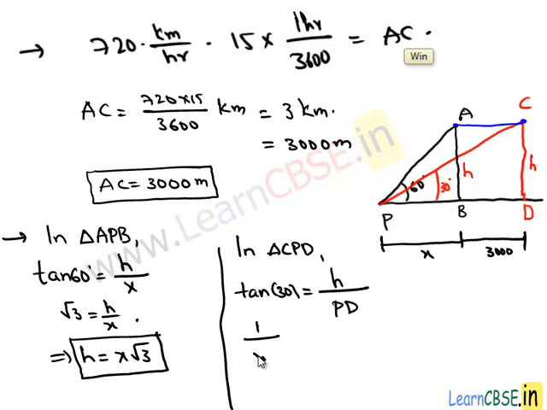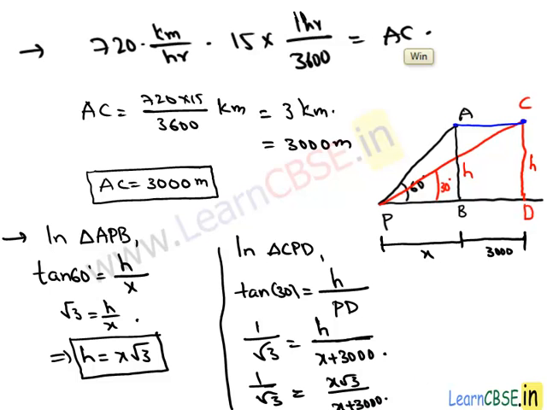Here tan of 30 degrees is 1 upon root 3, h is unknown, and PD is the sum of x and 3000, which is x plus 3000. We have got the value of h, which is x times root 3. Let's substitute the value of h and eliminate one variable. Here we have x times root 3 and x plus 3000.